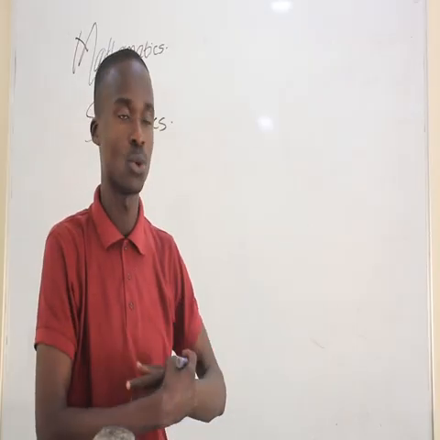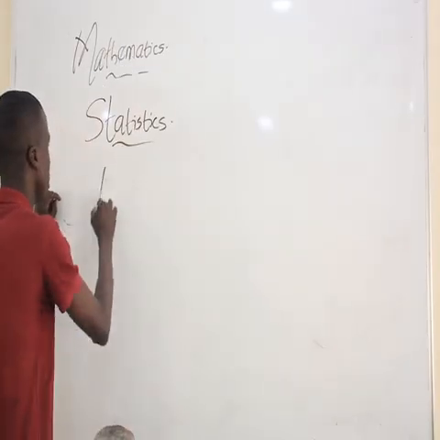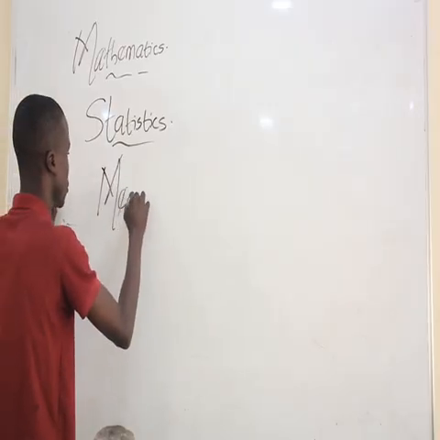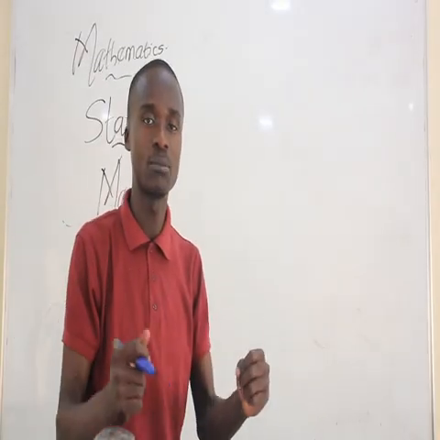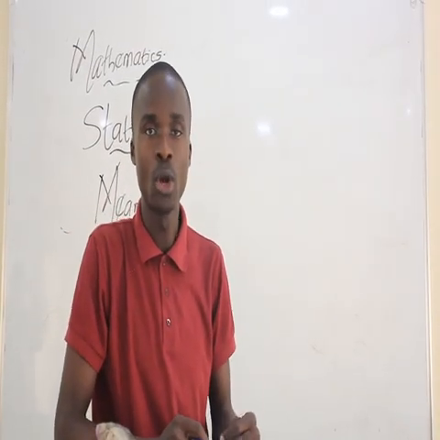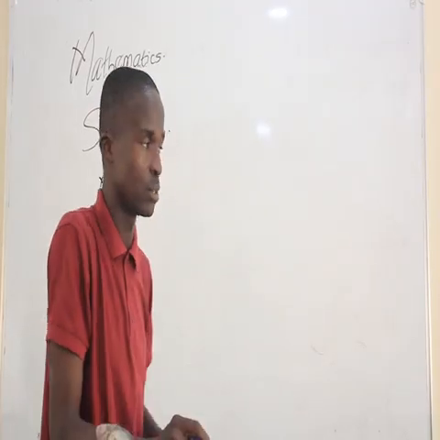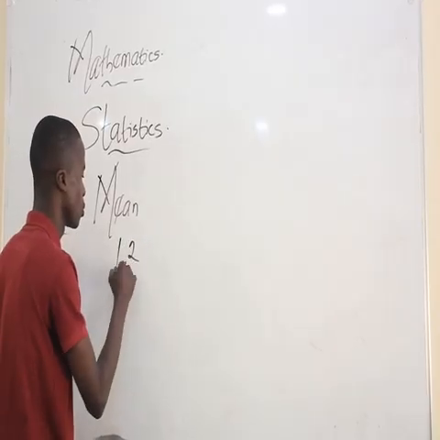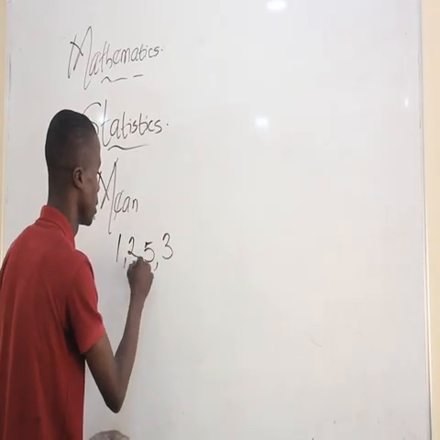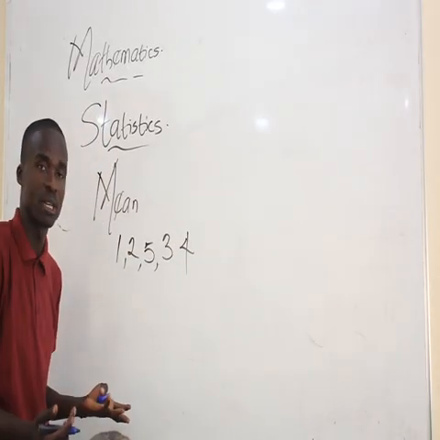Now, if I may ask you, what is mean? Mean is the sum of all the values you're given, all over the number of items given. For instance, you are given 1, 2, 5, 3, 4, and you are asked to get the mean.